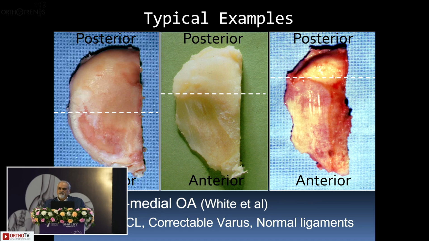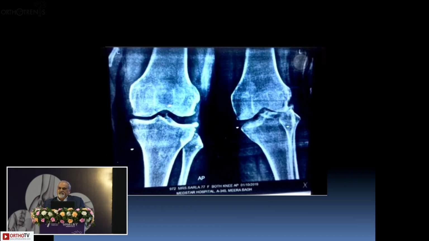And as the posterior wear becomes more and more, the ability of the knee to correct is also lost. Plus, on stress, you will find that there is collapse of the lateral compartment as well. That is what is basically stage 3 osteoarthritis.